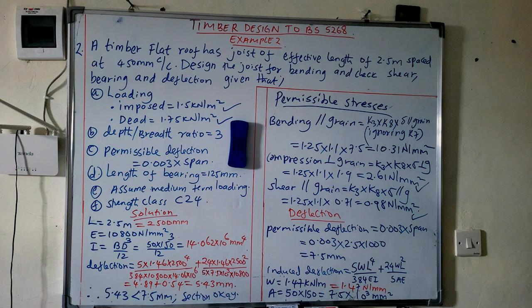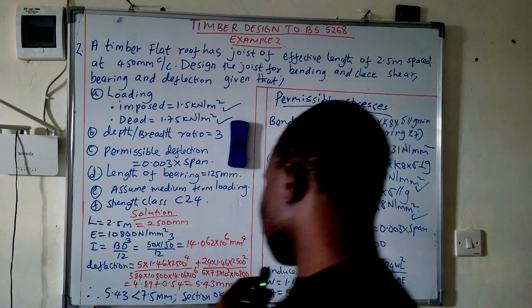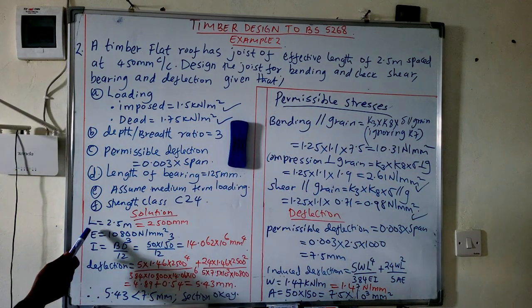Again, we will calculate the area. The area is length times width, so that is 50 times 150. So you get 7.5 times 10 raised to the power 3 millimeter square. You can obtain this value from the section table. Again, we come to length.